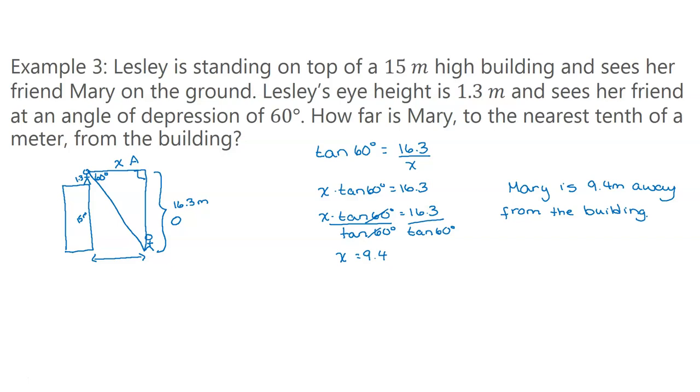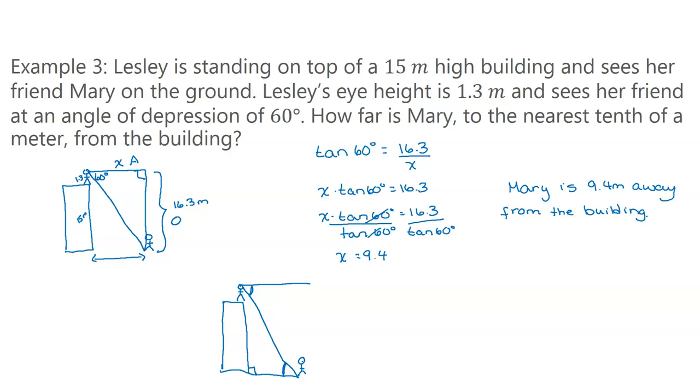Now, just to show you that there's another way in which this diagram could have been drawn, I will redraw the building with Leslie standing on top and her friend down below. We could have also drawn our triangle this way. There's a property of parallel lines which says that if we draw a horizontal line, this angle here is the same as this angle here.